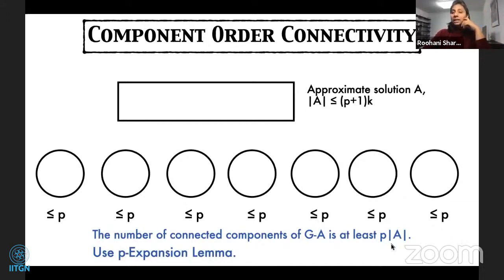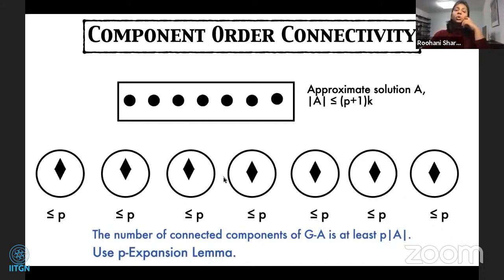Let's see how we use the expansion lemma. For the expansion lemma, we need to create a bipartite graph. Let's create a bipartite graph as follows. There is the set A as one part of the bipartition, and then for every connected component below, let's create one vertex and put those vertices in the part B of the bipartition.